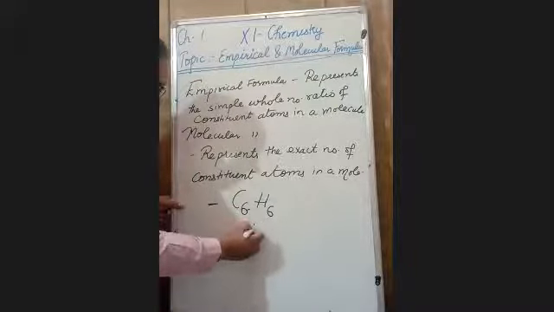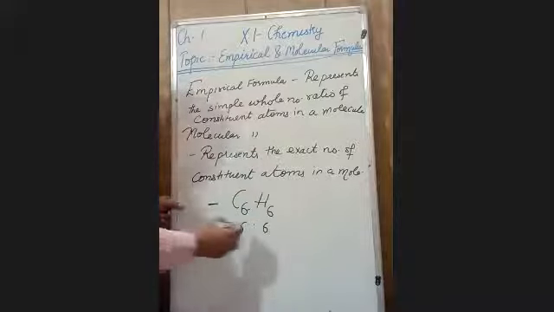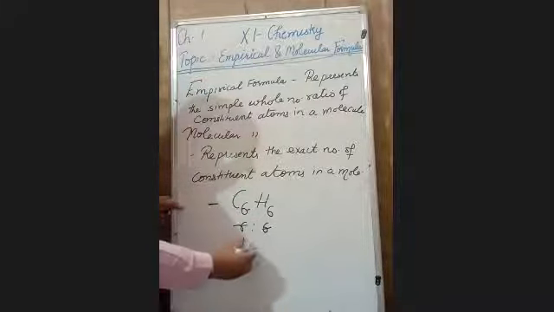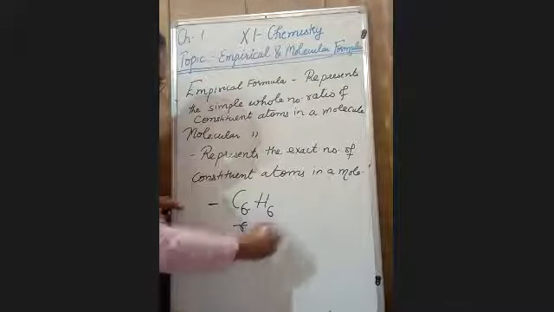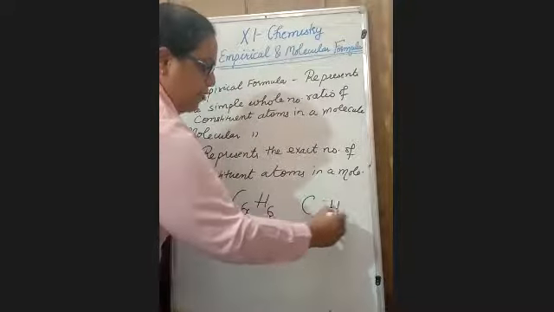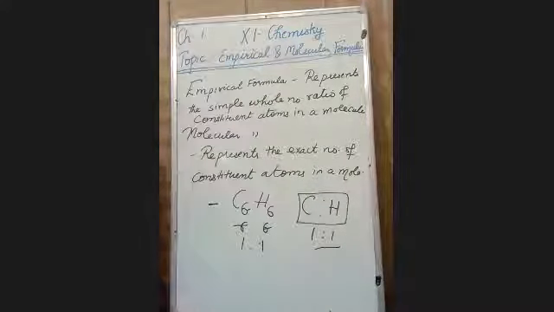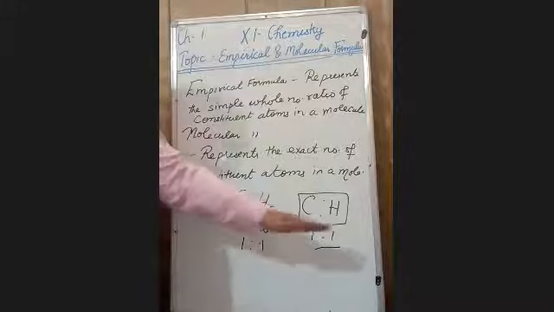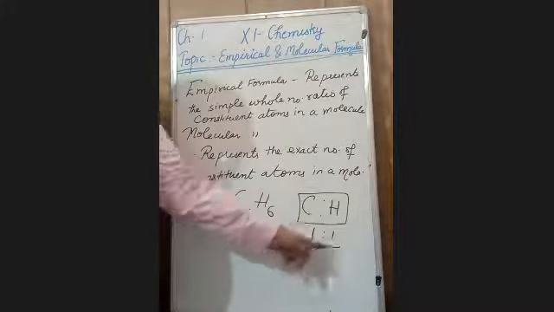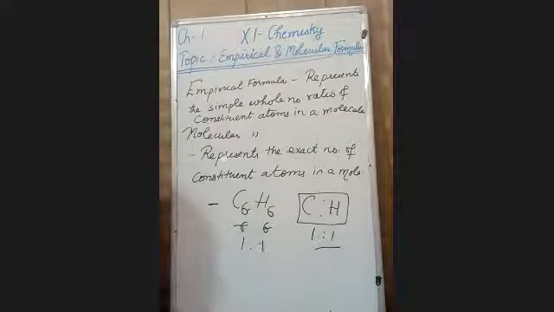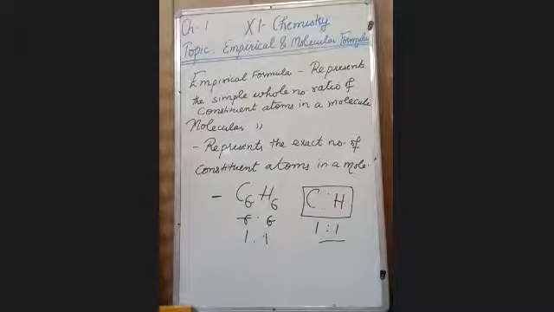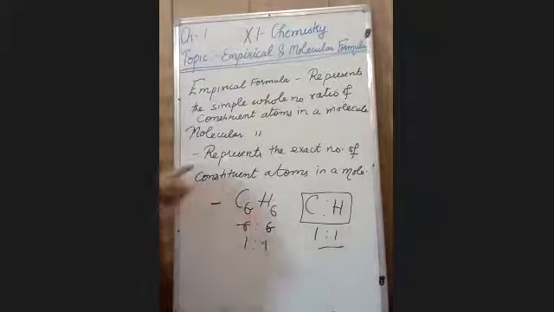Here the ratio of carbon to hydrogen is 6:6, so it will be 1:1, or your empirical formula is 1:1 carbon to hydrogen, which means it represents the simple whole number ratio of constituent atoms in a molecule. And molecular formula represents the exact number of constituent atoms in a molecule.